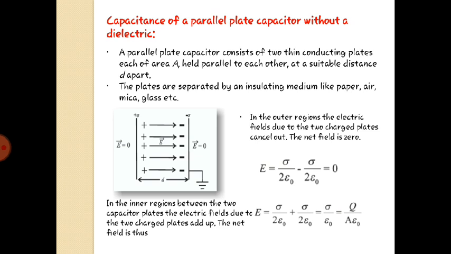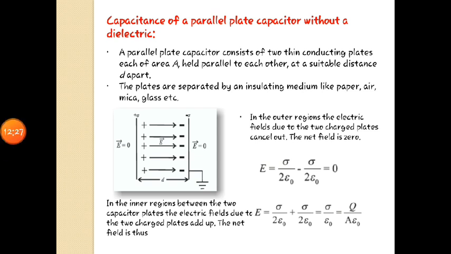Okay. Now, as the electric field is 0 on the outside, what happens inside? They will add up inside. In the inner region, what exactly happens? The electric fields due to the two capacitor plates get added up. For the first plate, it is sigma by 2 epsilon 0, and that has to be added to the second one, which is again sigma by 2 epsilon 0.